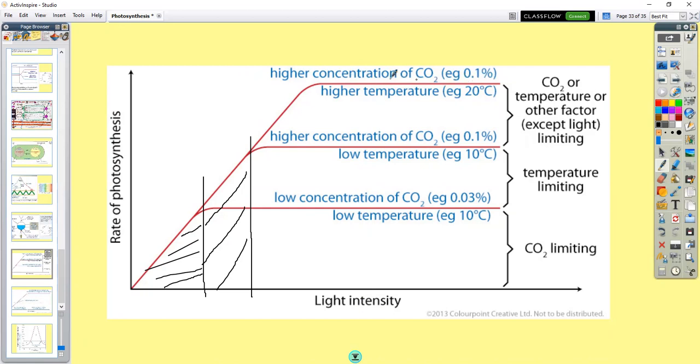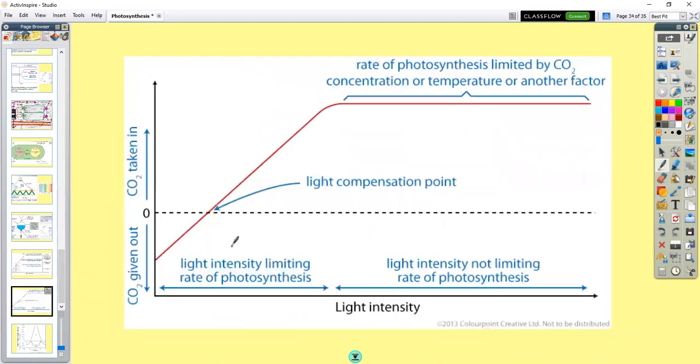Okay. In terms of how that works during the day or during different light intensities, when carbon dioxide is given out in this area, you'll have respiration occurring. So that's our respiration. When carbon dioxide is taken in, so this area up the top, that is photosynthesis. So there's your photosynthesis occurring.